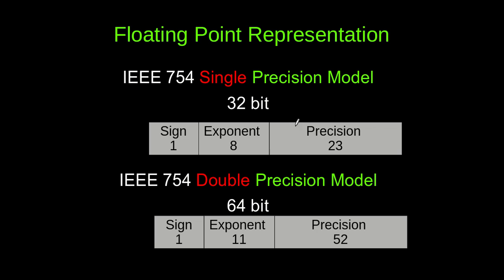That's why they call it precision, how precise the number is. When I add more bits, my number is more precise, more accurate. In the double we have what? 1 for the sign, 11 for the exponent, which increased our range, and 52 for the precision or accuracy, which increased our precision.